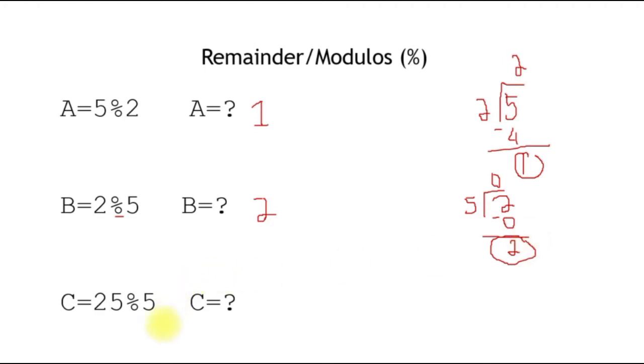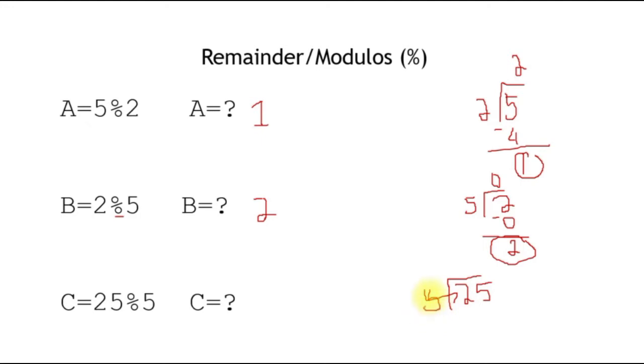Next is 25 modulo 5. Ilan ang may iwan kapag dinivide natin yung 25 sa 5? Alam na ninyo yung magiging sagot doon. Okay? The answer is 0. Ngayon, paano naging 0? So, 25 divided by 5.